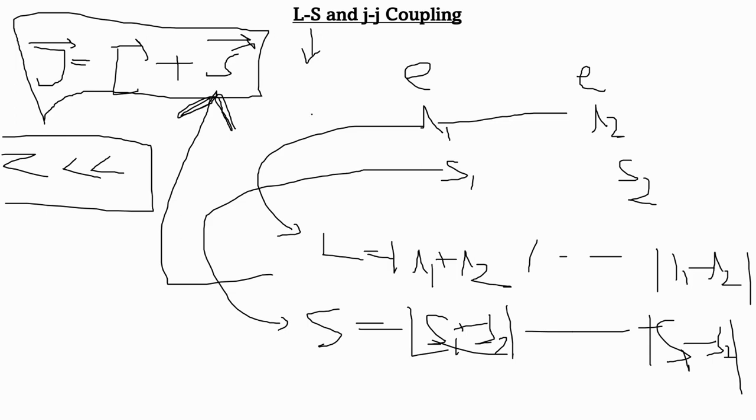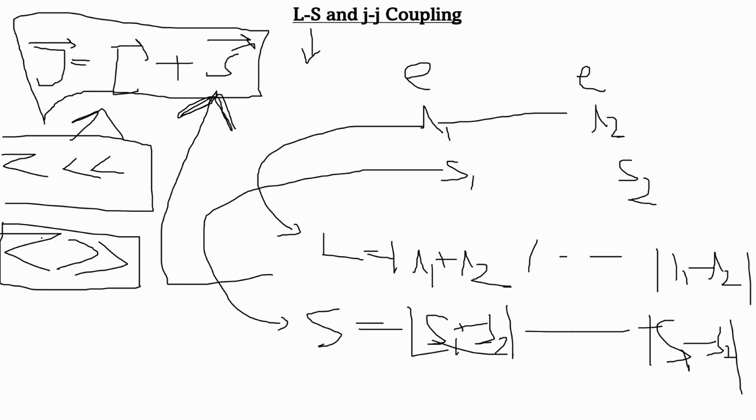In case of JJ coupling, for heavier atoms, that is Z is very large, there are many electrons. So the interaction between the orbital and spin is more dominant than the individual interaction between the orbitals.